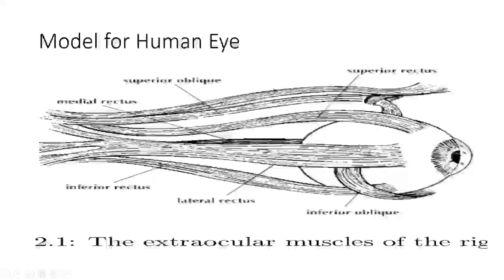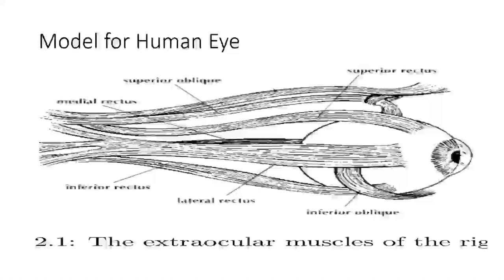Rod and cone cells in the retina allow conscious light perception and vision, including color differentiation and perception of that.